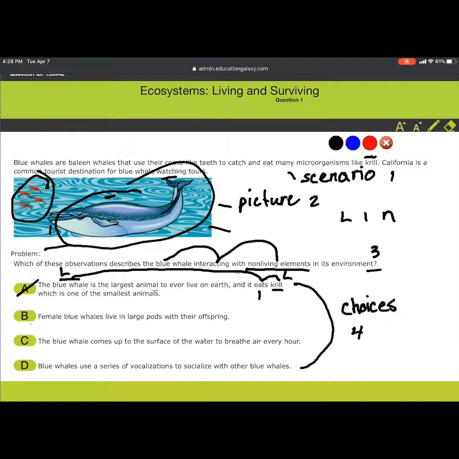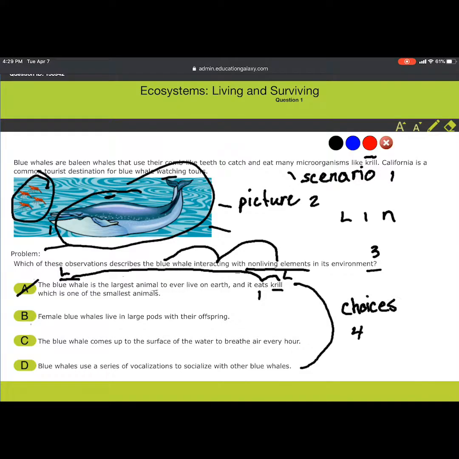Female blue whales live in large pods with their offspring. Did we read anything about pods? That might be a little unfair to throw at you all of a sudden. I don't see it.